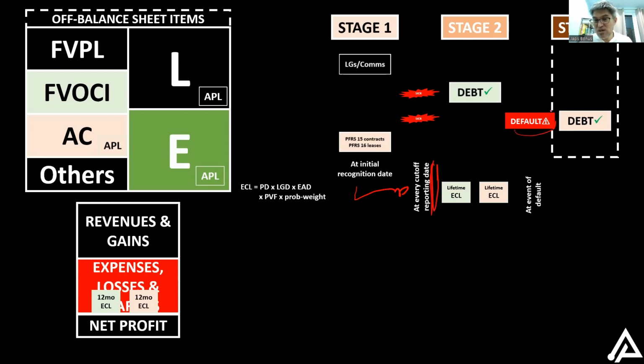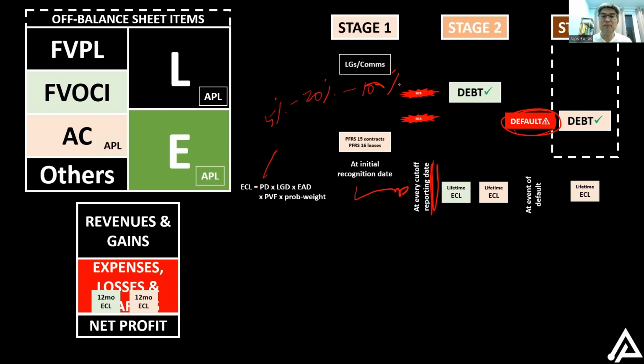If there is actual default na, meaning based on the terms of the contract, dineclare na defaulted yung loan or yung instrument, now it becomes stage 3. Lifetime ECL din, pero yung probability of default mo, kanina 5% sa stage 1, naging 20% sa stage 2, sa stage 3, 100% na yan.